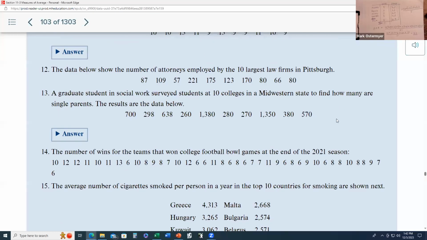Okay, so number 13. Like I said, this data is not ordered in any way. Notice that. Unfortunately, the data is not ordered. But, ladies and gentlemen, your calculator can help you find a couple of these statistics.